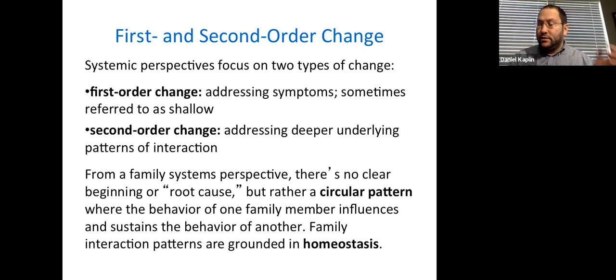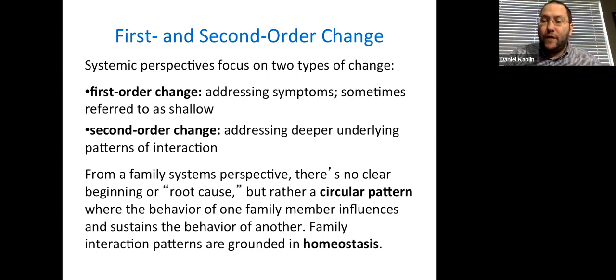It's superficial. You're not delving deeper as to, well, why don't you have a job? And I've noticed that you've been out of work three or four times in the last five years. So what might that be about, right? So trying to explore the more underlying patterns of behavior and interaction could be useful.